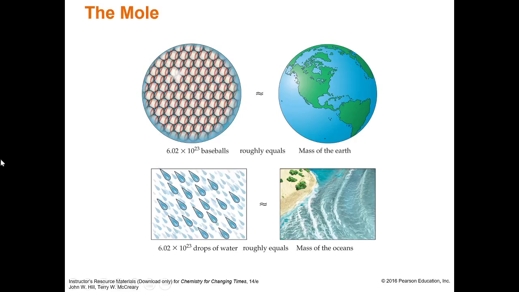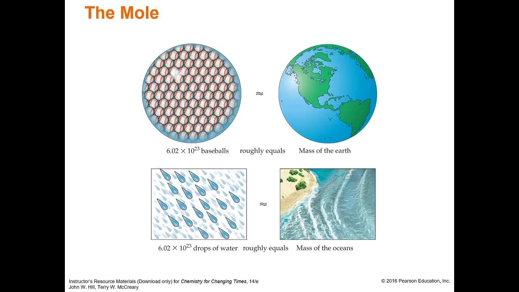So for example, a mole of baseballs would be 6.02 times 10 to the 23rd baseballs. If you were to figure out the mass of that, you'd find that the mass of that mole of baseballs is actually about the mass of Earth. So a mole of baseballs would be an Earth-sized planet of baseballs.